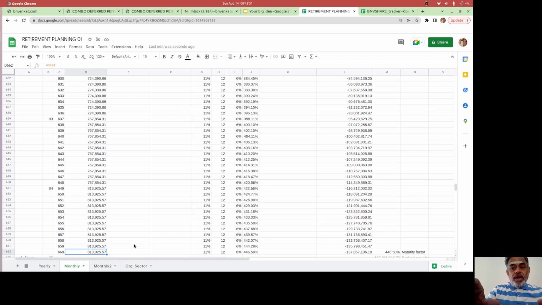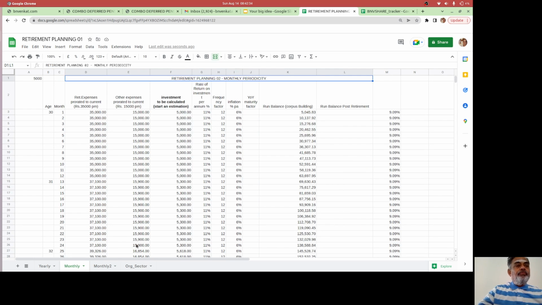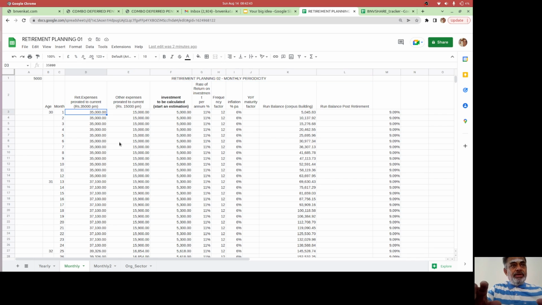And then come the expenses. The essential expenses are the retirement expenses prorated to the current 35,000 rupees per month, and this 35,000 rupees per month is uniform throughout the year. This method is called small period inflation.